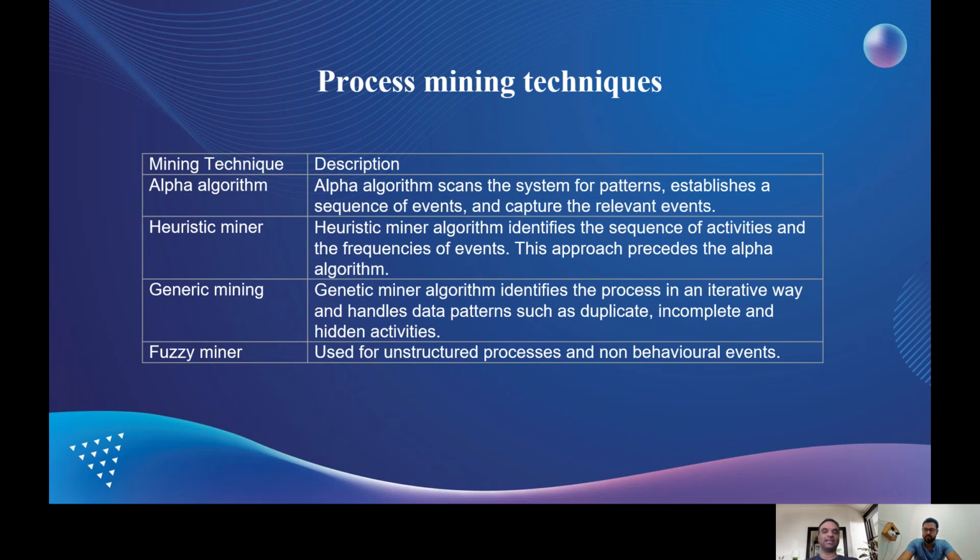Some of these mechanisms work in an iterative or phased manner. So the generic mining technique can use either the alpha algorithm or heuristic miner to identify certain objects, and then the generic mining can move further.